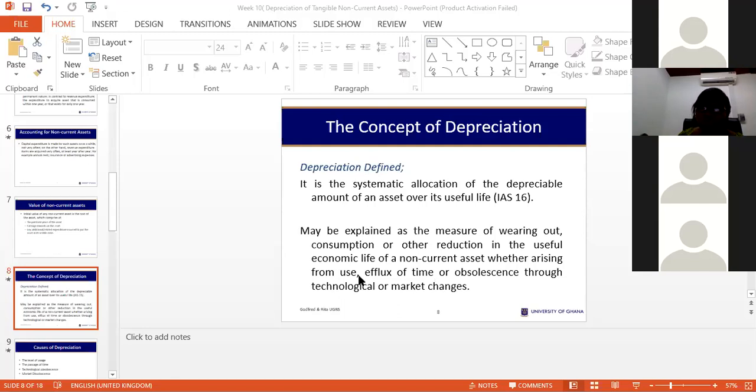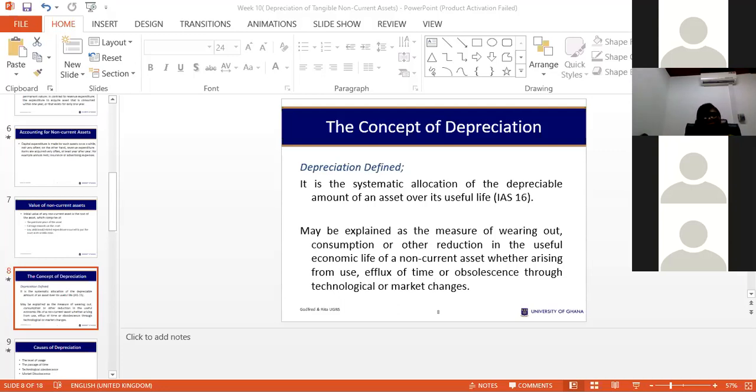Okay, so if technology will have an impact from the business perspective, then you have to factor it in and determine with precision how many years technology can help. If after 2 years technology will take over that asset, then if that is your decision, that becomes the policy to allocate the amount over 2 years, and that is a policy of the business entity.